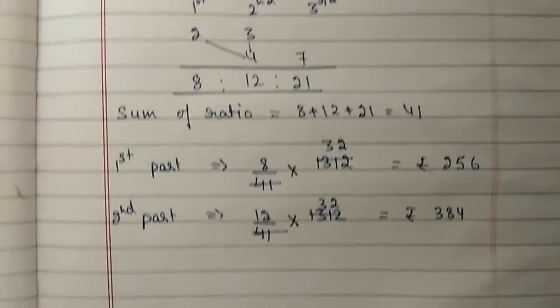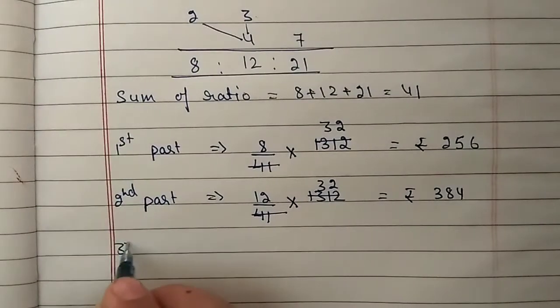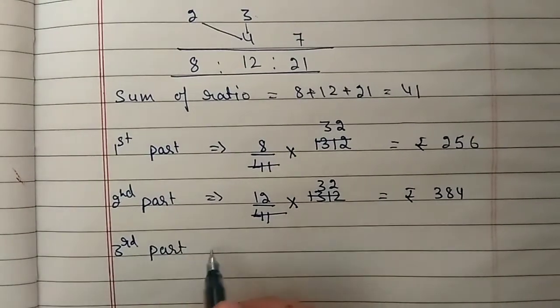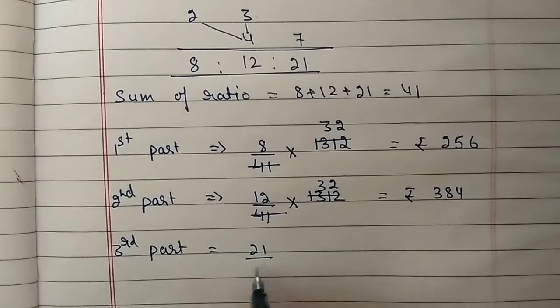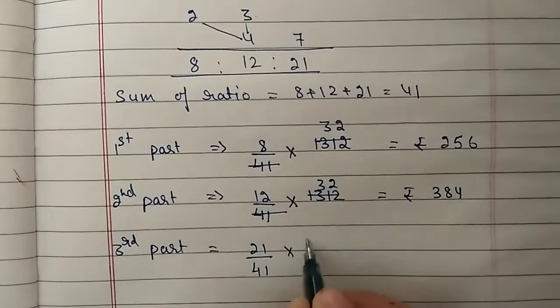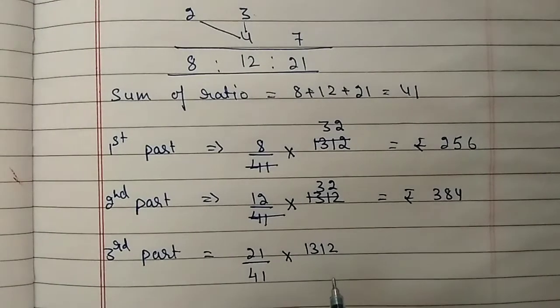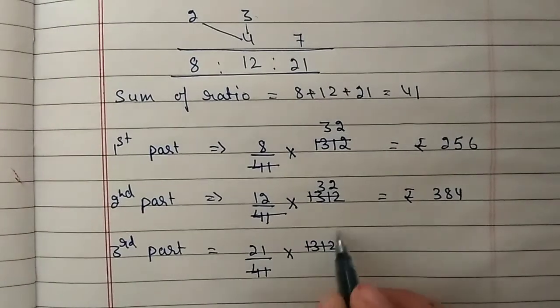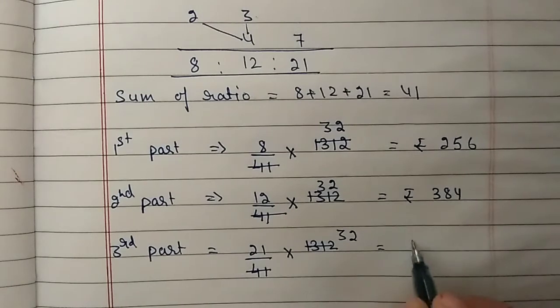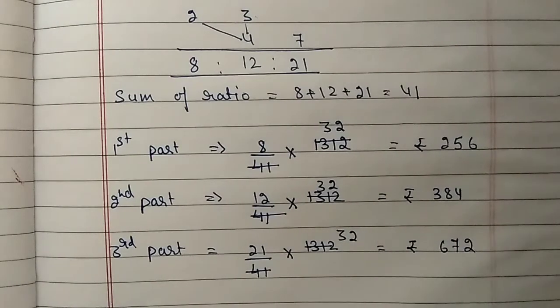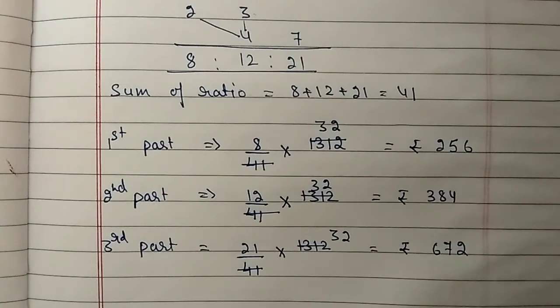Then next third part, ratio is 21 divided by 41 into 1312 rupees. Do the cancellation and then multiply 21 and 32. 672. So first part, second part and third part like this.